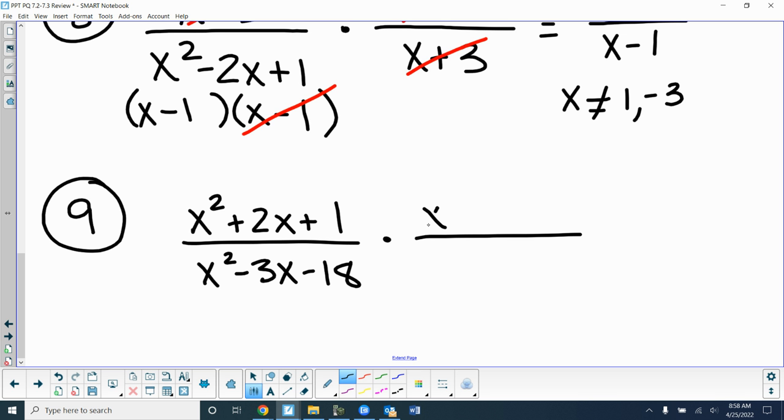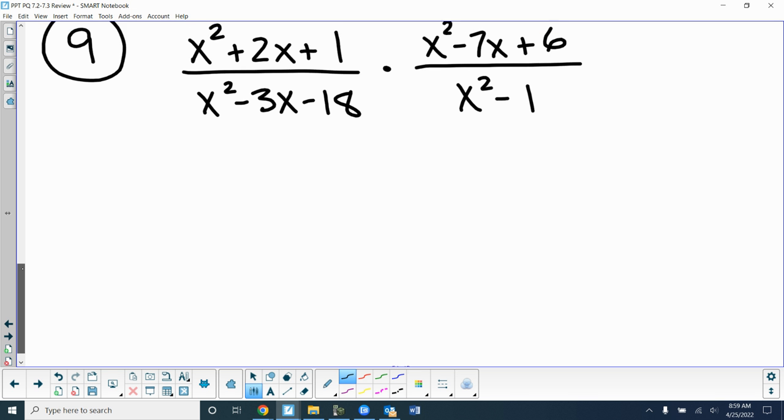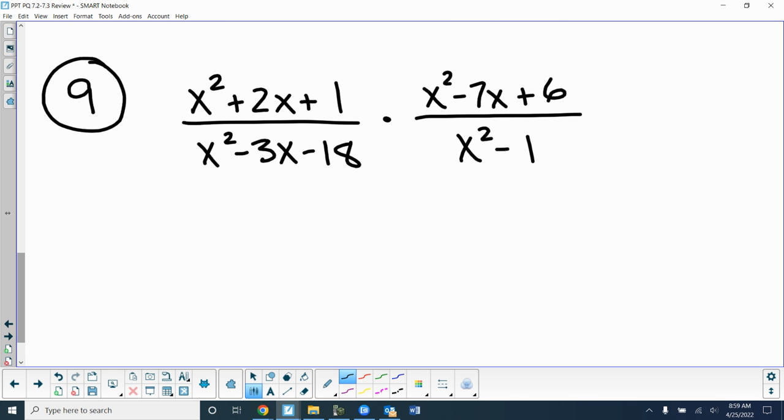So the x squared minus 7x plus 6 becomes the numerator, and the x squared minus 1 becomes the denominator. All right, so we're going to factor these. This is x plus 1 times x plus 1.